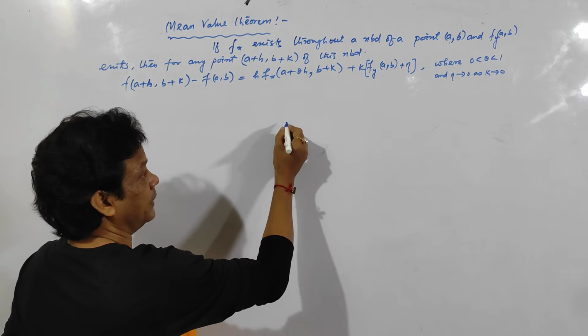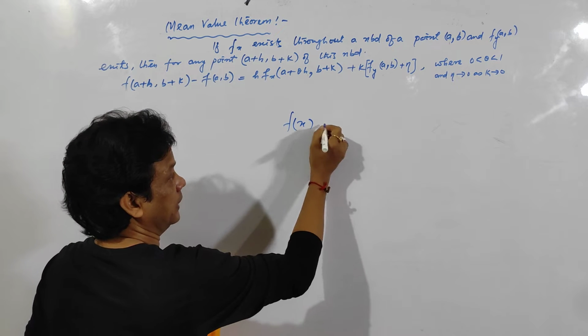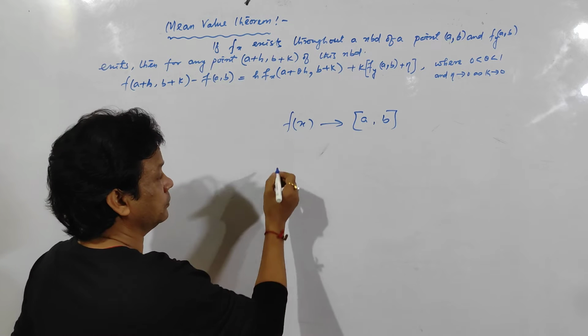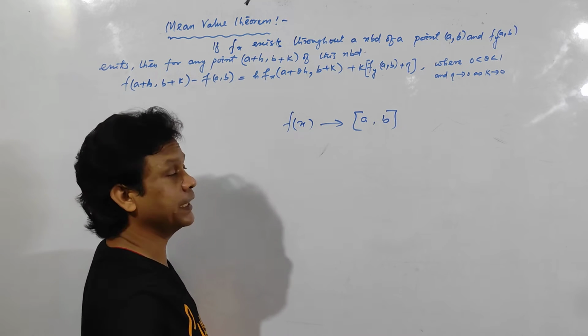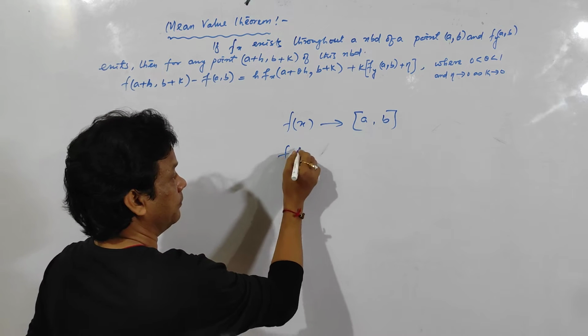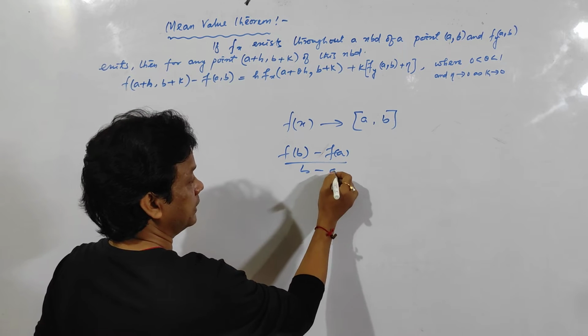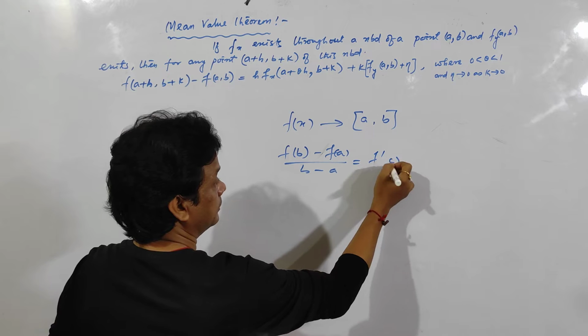See here, f of x is a function defined on the closed interval [a, b], and according to the mean value theorem, more especially the Lagrange mean value theorem, f of b minus f of a divided by b minus a is equal to f dash c.